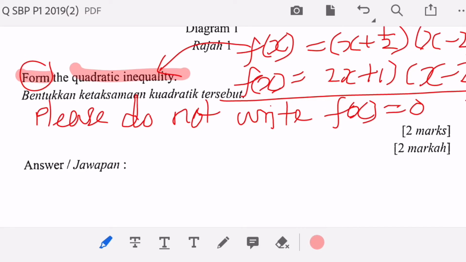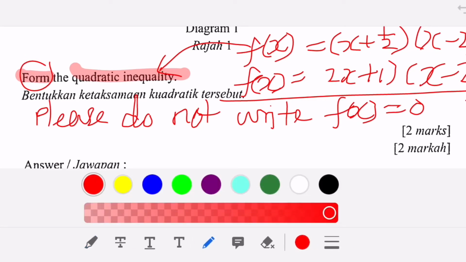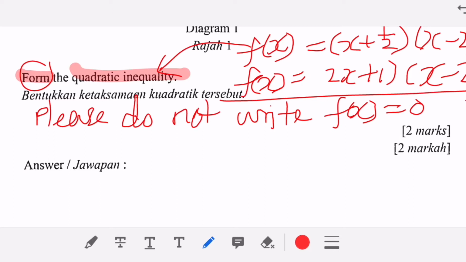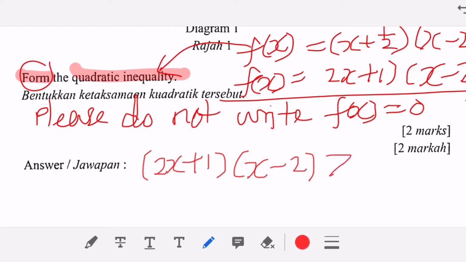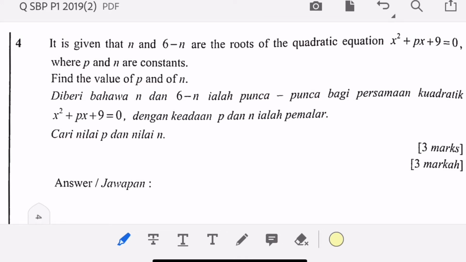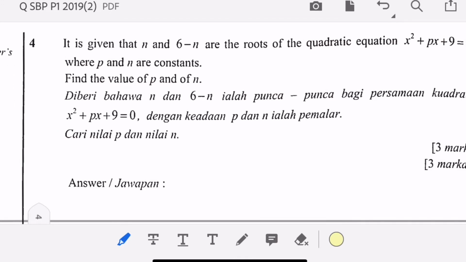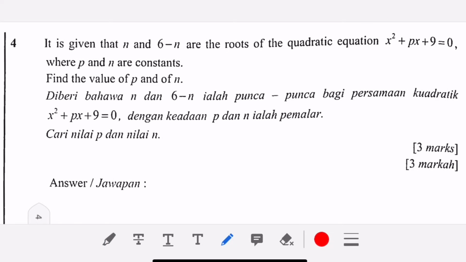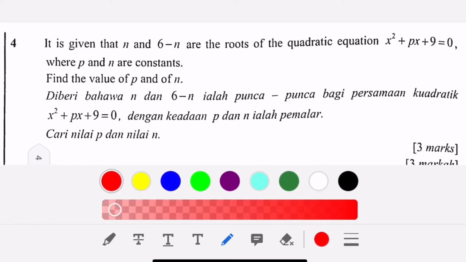Your answer is (2x plus 1)(x minus 2) more than or equal to 0. Then you will get full marks. Okay, if you never write more than or equal to 0, you won't get full marks. Understand? So please remember, when you write your quadratic inequality, you have to have more than or equal to, or less than or equal to, depending on the shaded region.